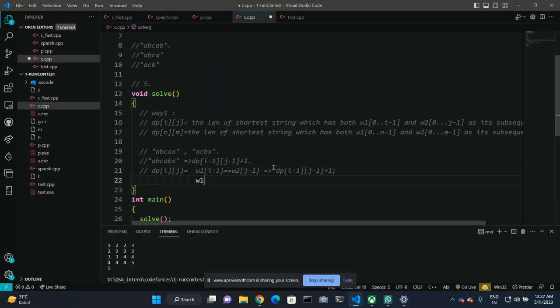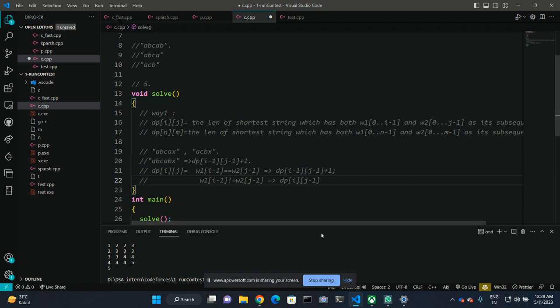The other case possible is W1[i-1] not equal to W2[j-1]. So what is the shortest string which includes the first i characters of W1 as its subsequence and the first j-1 characters of W2 as its subsequence?